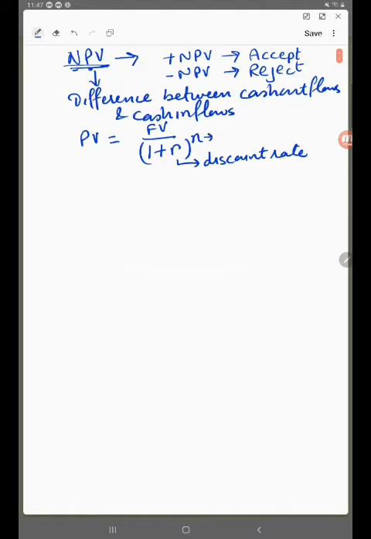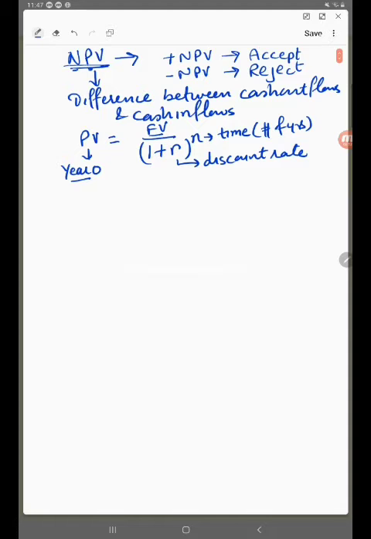Future value means cash flow in year 1, 2, 3. So present value means right now. What is the value right now? So let's say what is the value in year 0. So let's see how to compute net present value.